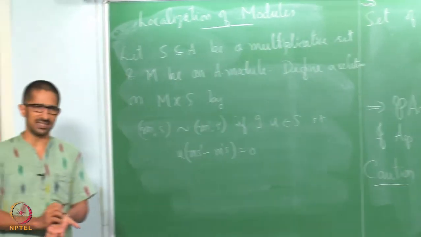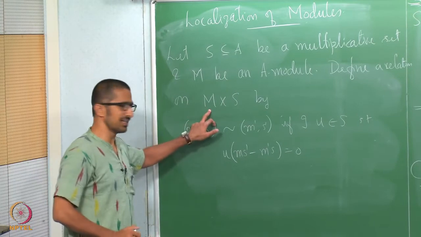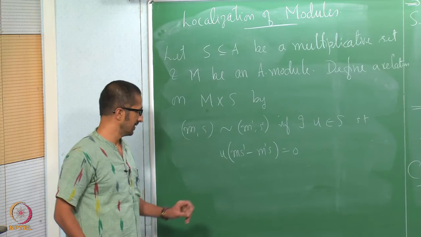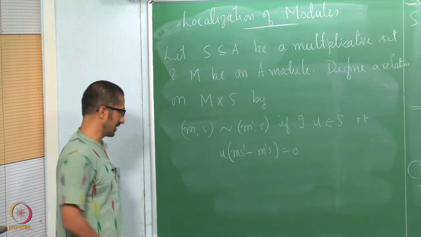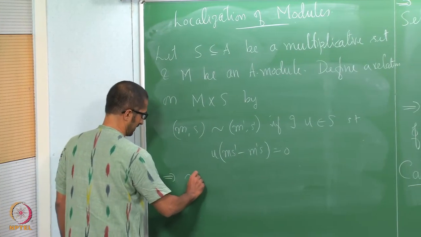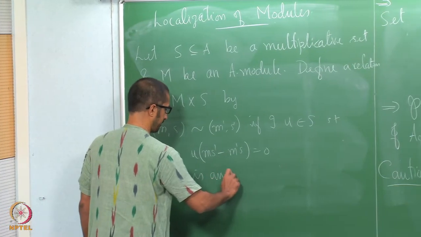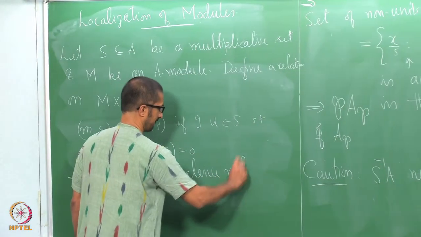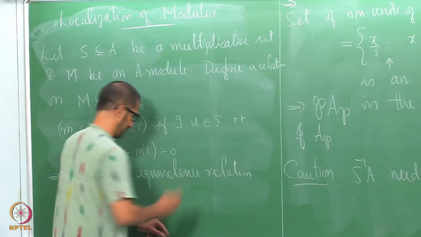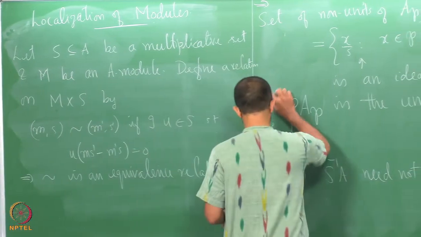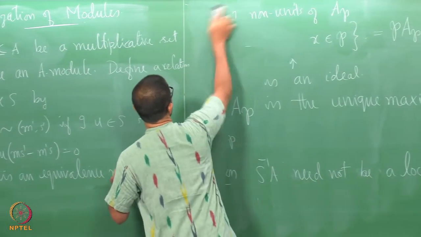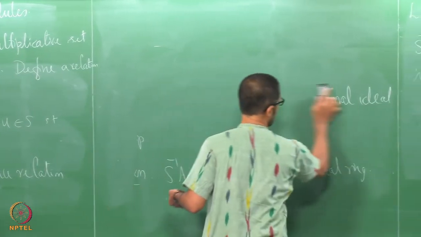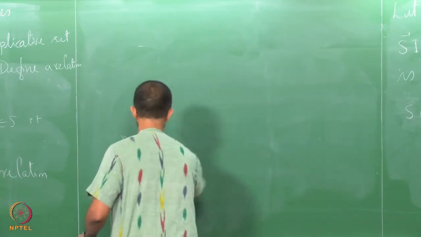The same thing, instead of A here we are putting M, no difference at all. This is an equivalence relation. So, therefore, equivalence relations partition the set and we can look at the set of all equivalence classes.